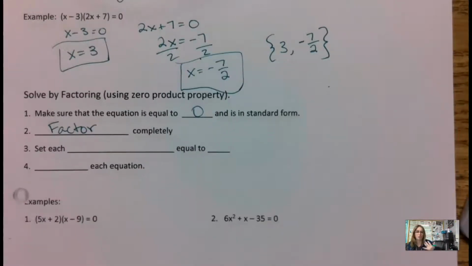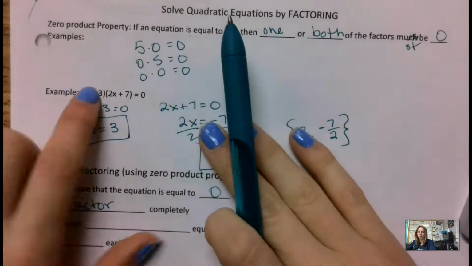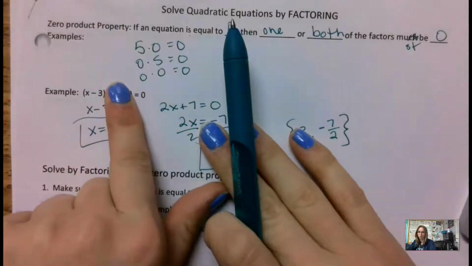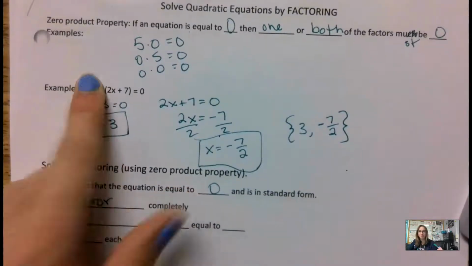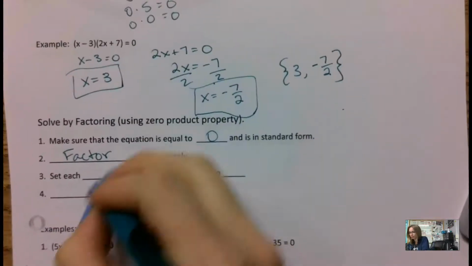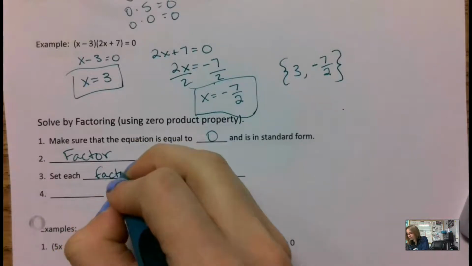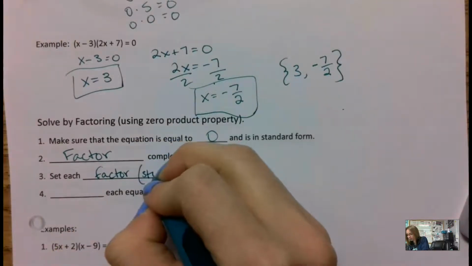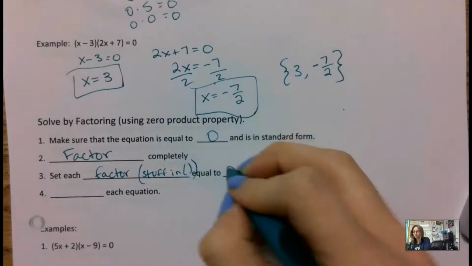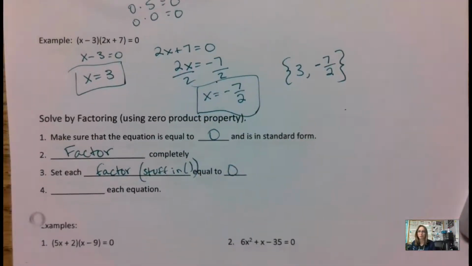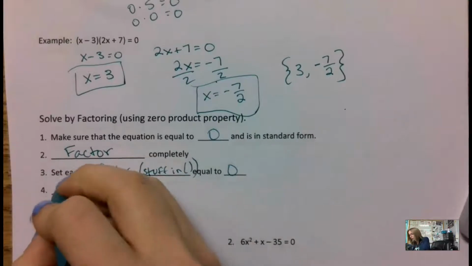Then we will set each factor, the stuff in parentheses, equal to 0, exactly what we did up above. Then we'll solve the equation.